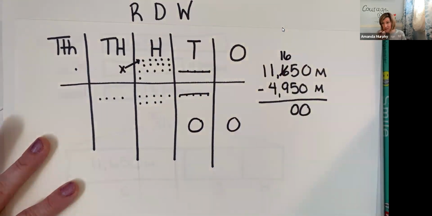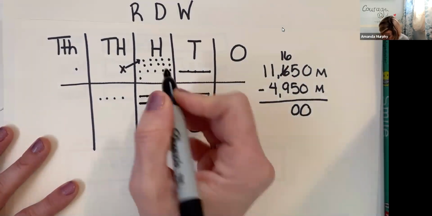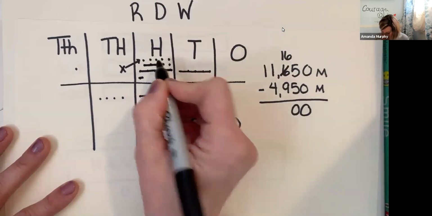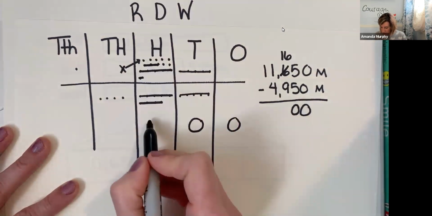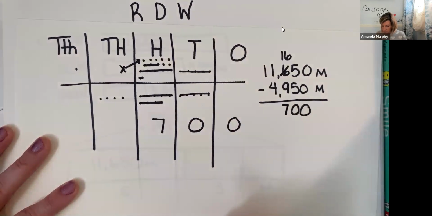We have 16 100s. So we can take away 9. Let's go ahead and do that. Which leaves me with how many hundreds? 7. Let's log that on our standard algorithm.